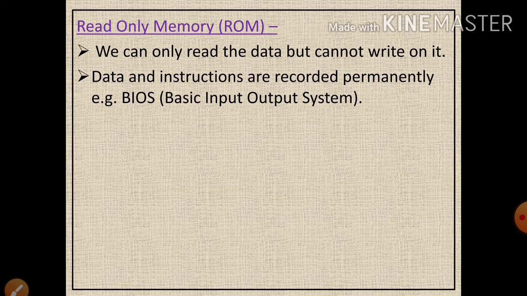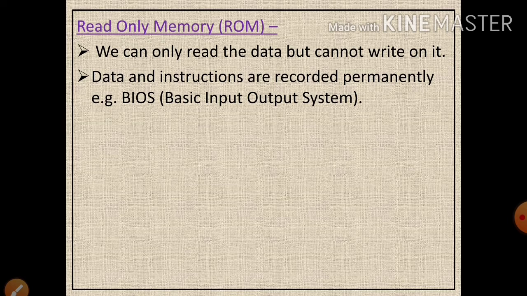Whenever we switch on the computer, one operation is started. That operation is called the booting operation. The instructions related to that booting operation are all stored in this BIOS system. The ROM is called non-volatile memory.